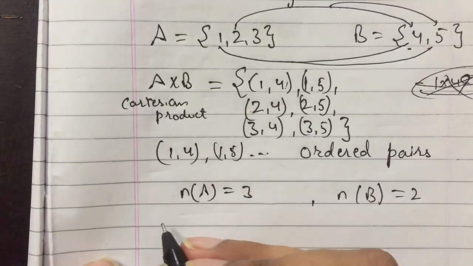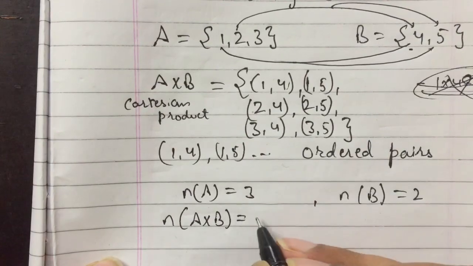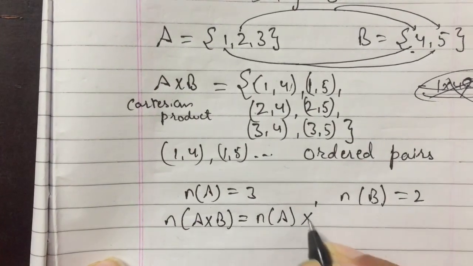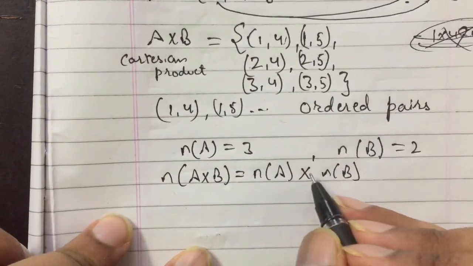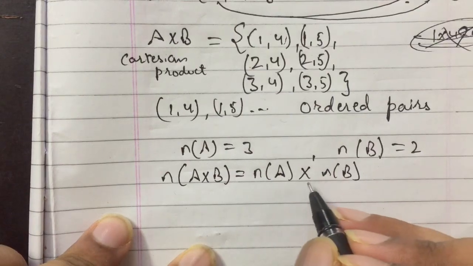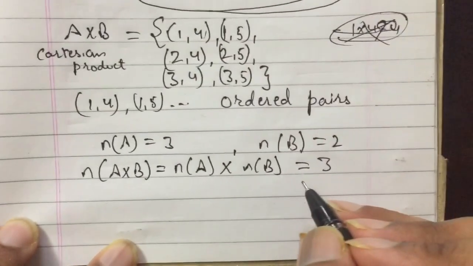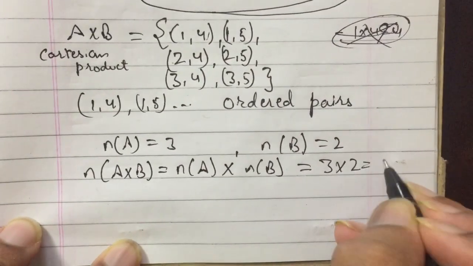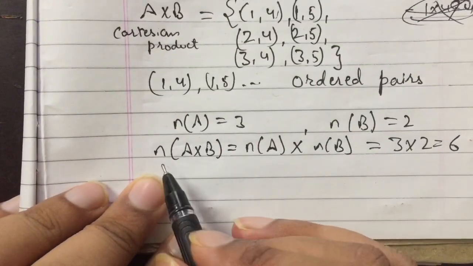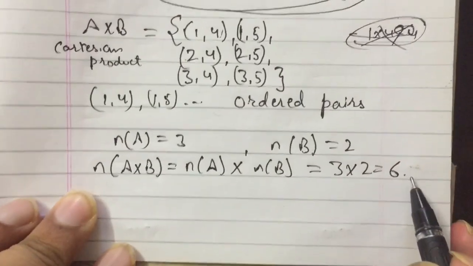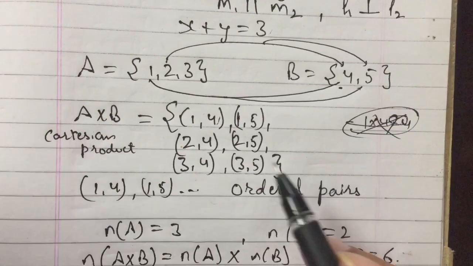So the number of elements in A cross B will be the product of these numbers: number of elements in set A times number of elements in set B. Set A has 3, set B has 2, so 3 multiplied by 2 is 6. So the number of elements in A cross B should be 6. Count them: 1, 2, 3, 4, 5, 6. So we have 6 elements in A cross B.